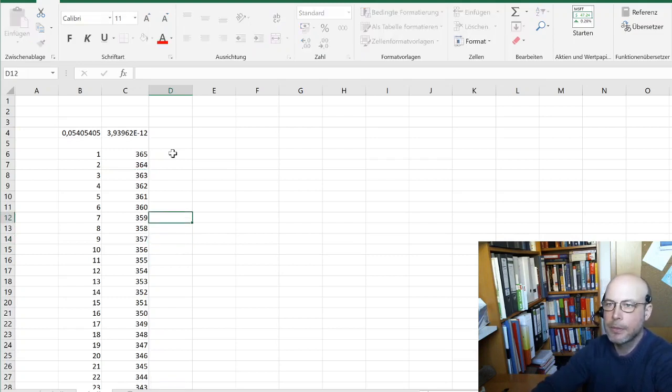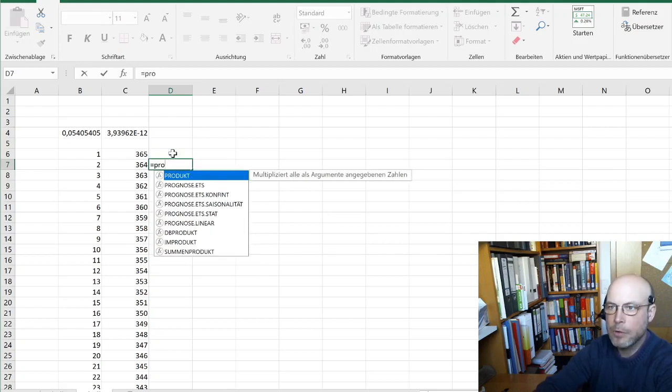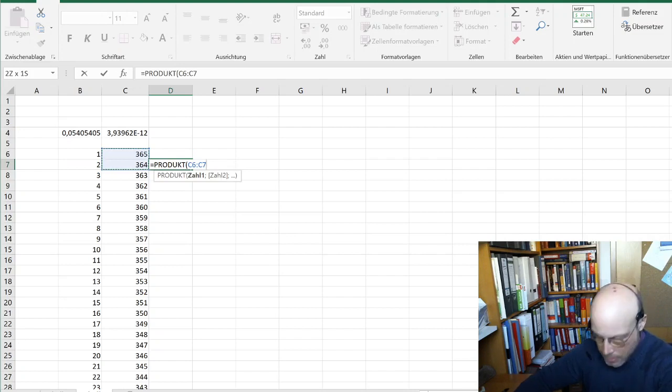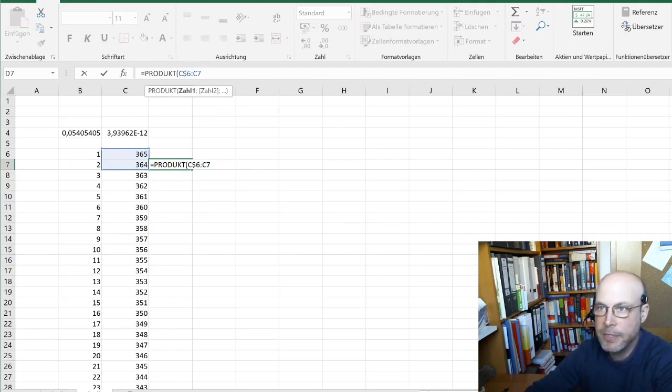So this equals then the product of 365 times 364, and again we have to take a dollar sign in front of this 6 in order to fix it, like in the summation.